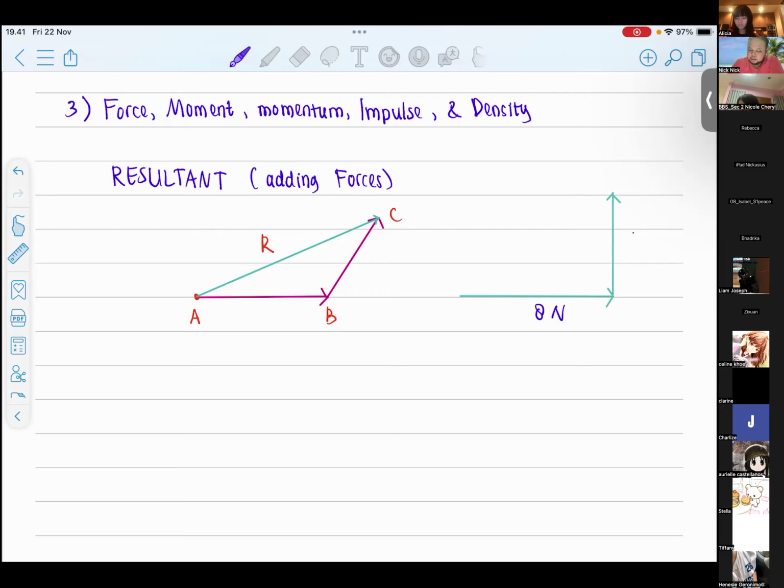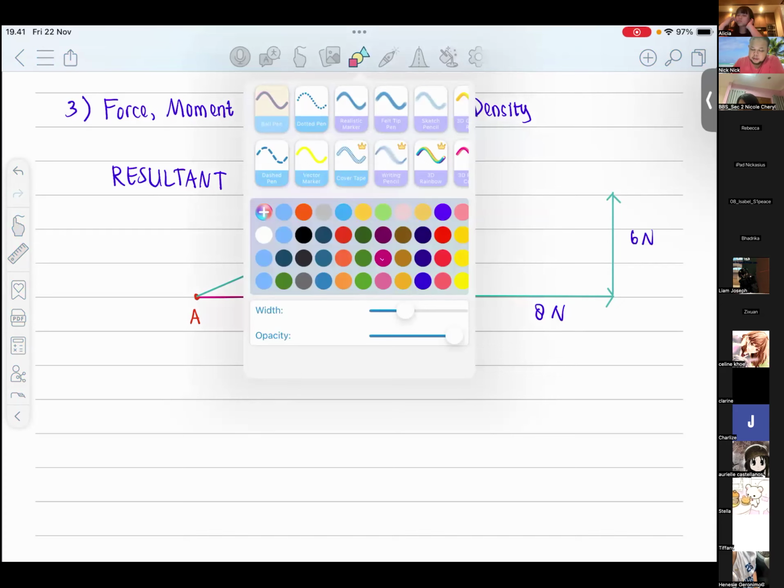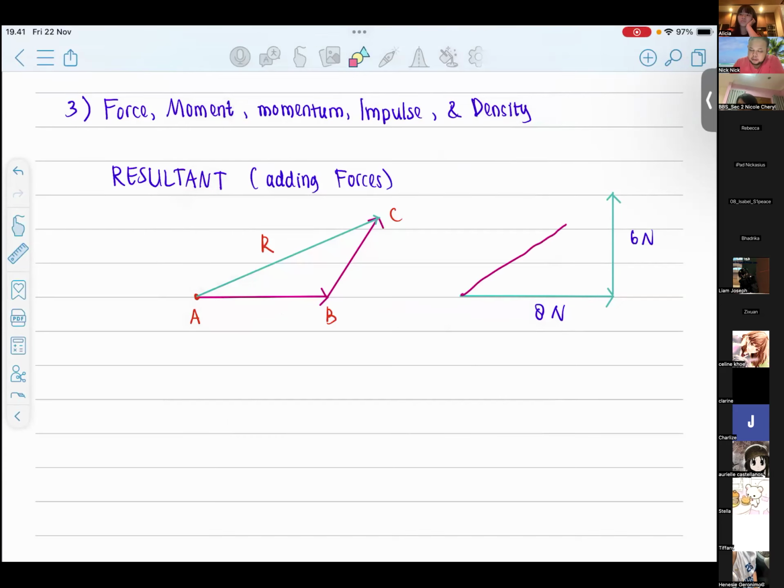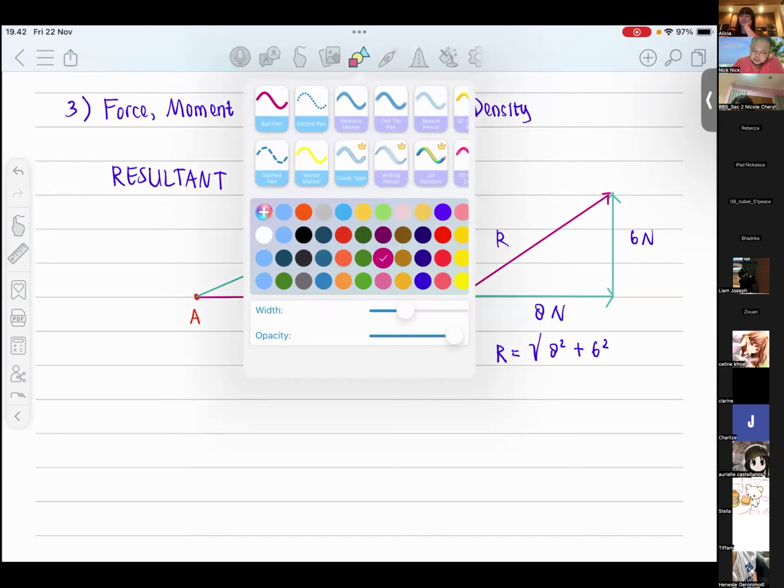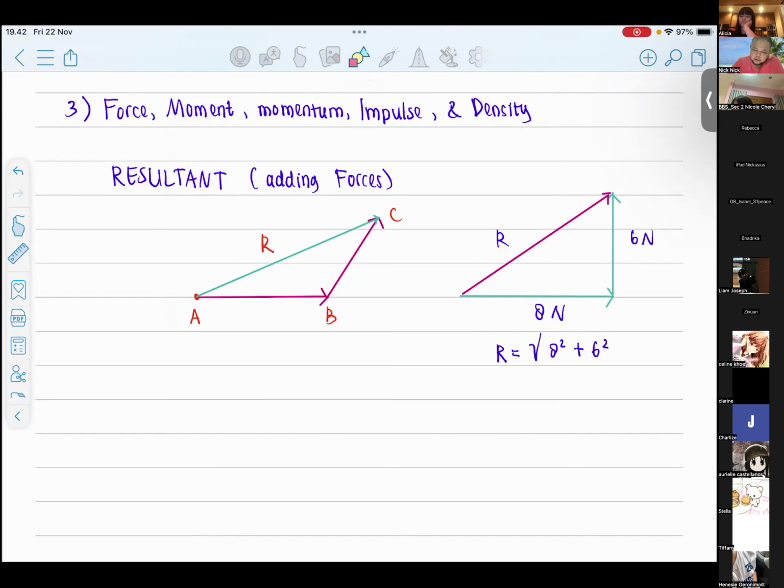You can implement the formula from trigonometry or Pythagoras. This is the resultant. Using Pythagoras, R equals the square root of 8 squared plus 6 squared. Correct, students? So the answer is 10. The resultant is 10 newtons. The example is like that.